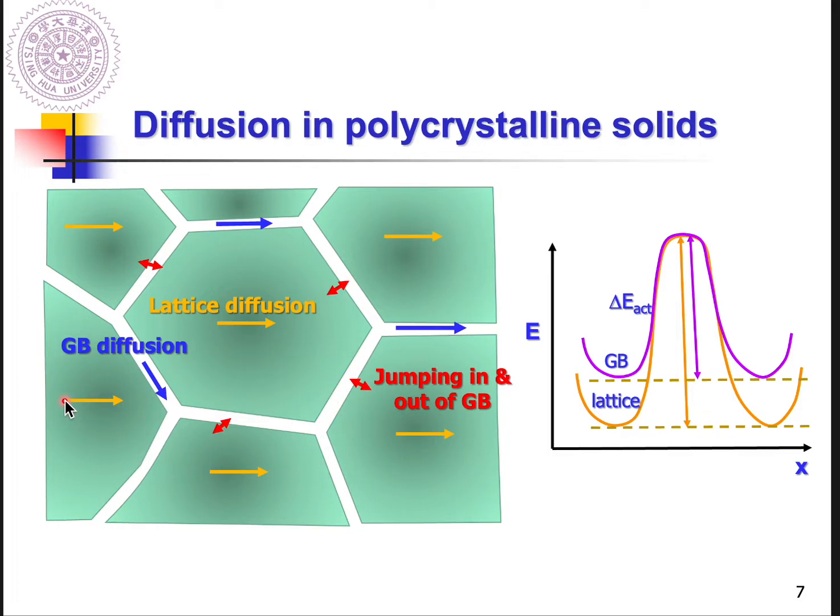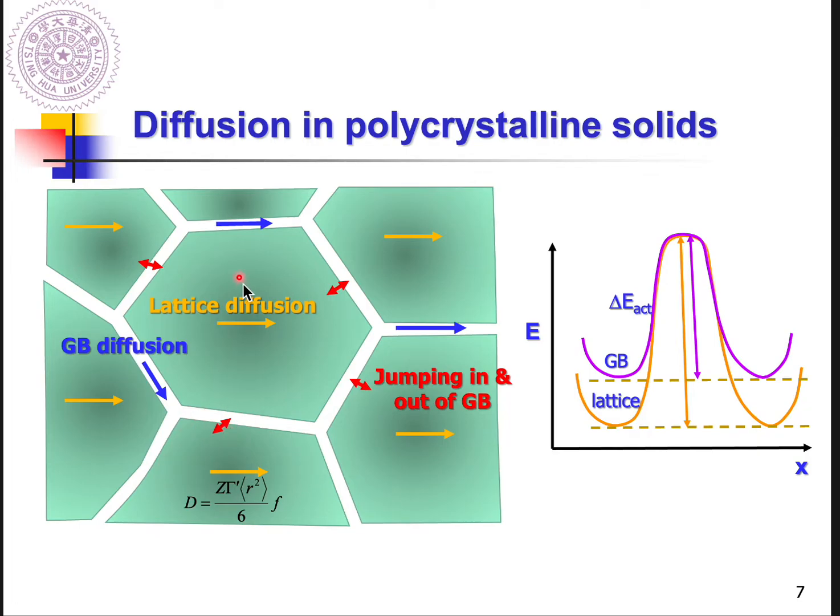Okay, so let's move to the most important thing: polycrystalline materials. Because atomic jumping events always happen, some atoms diffuse along the grain boundary, and some atoms diffuse inside the grain and then jump into the grain boundary, and so on. How do we estimate diffusivity in polycrystalline materials? That's what we want to discuss.